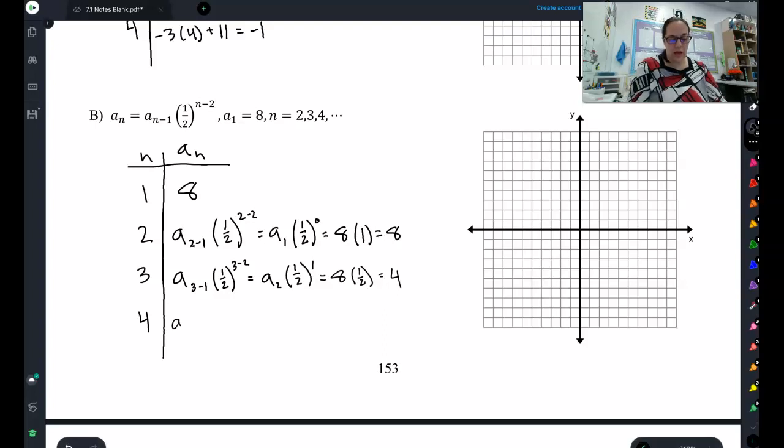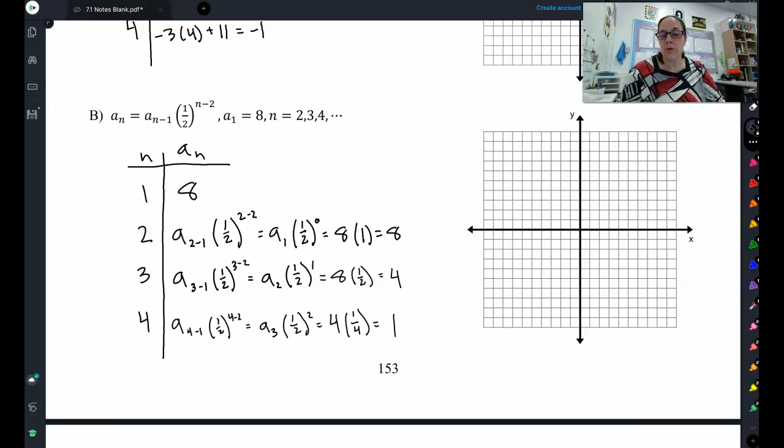And let's do the last one, plug 4 into my equation. So this becomes a sub 3 times 1/2 squared. Now I just found a sub 3, that one was 4. And 1/2 squared is 1/4. So 4 times 1/4 is 1.